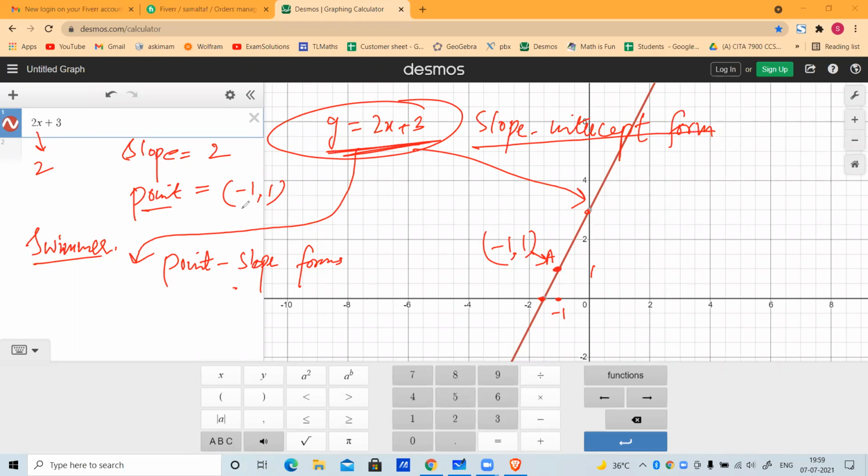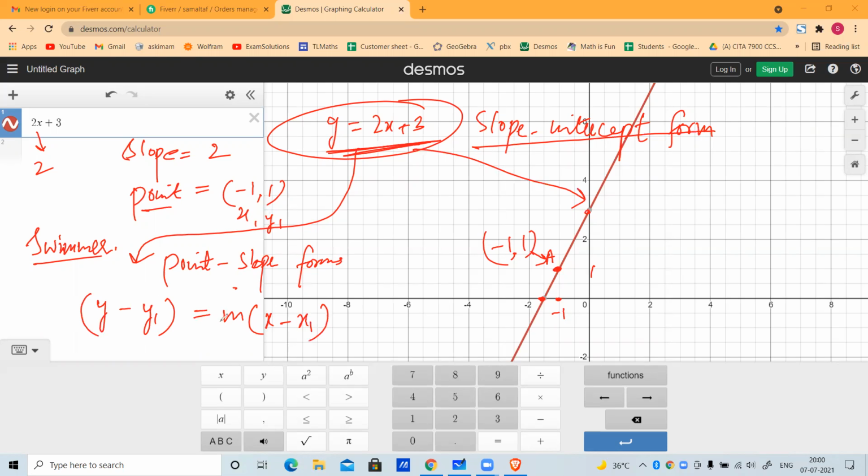Let us take this point as x1 comma y1. As we do always, to make it easier, the first one will be x1, the second will be y1. The point slope form will be y minus y1 is equal to m times x minus x1.